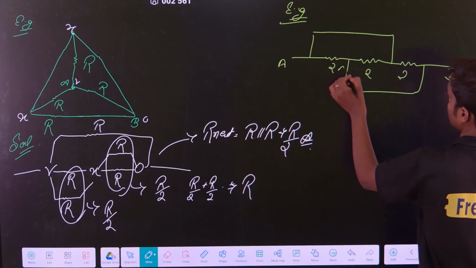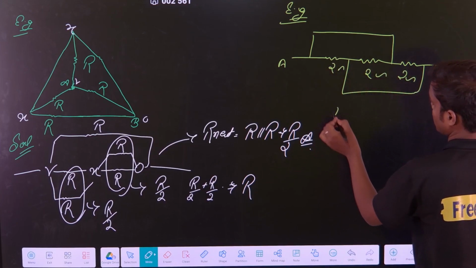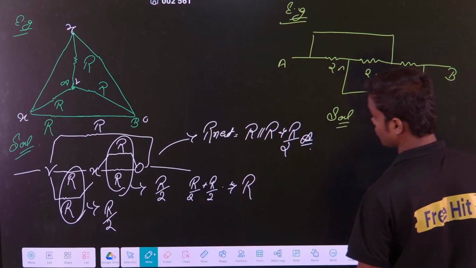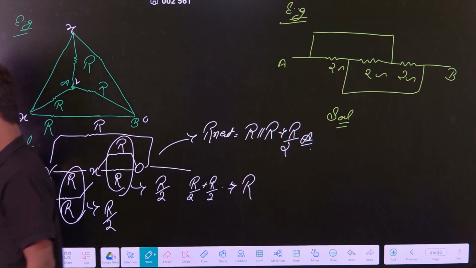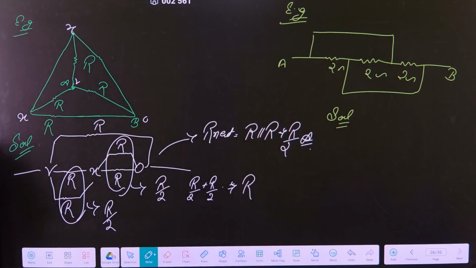All are 2 ohm. You have to find R_AB obviously. How will you solve? Tell me the answer for this. What is the answer?